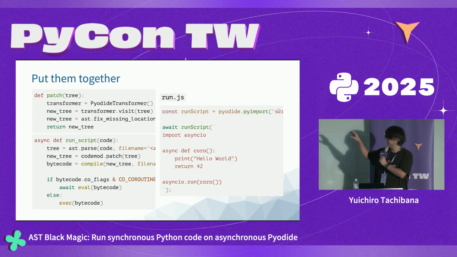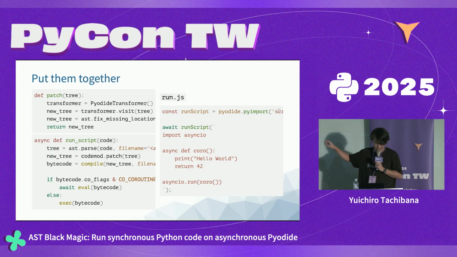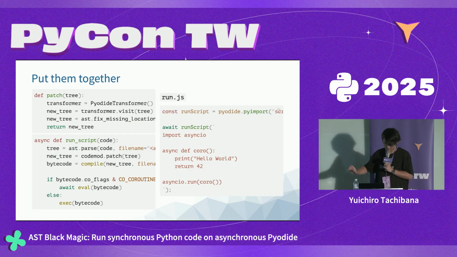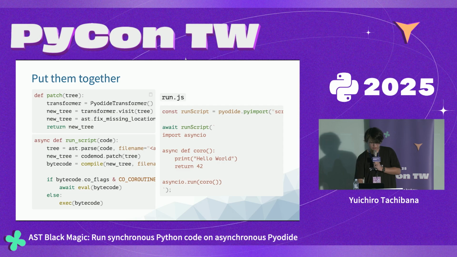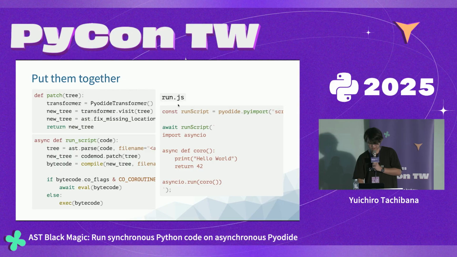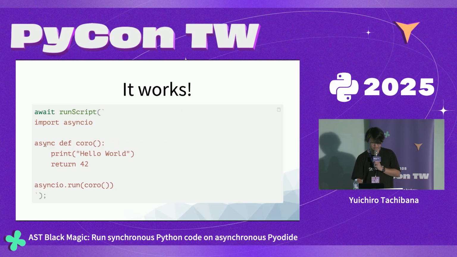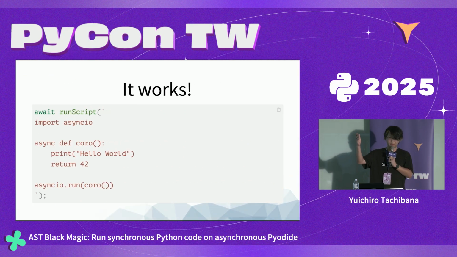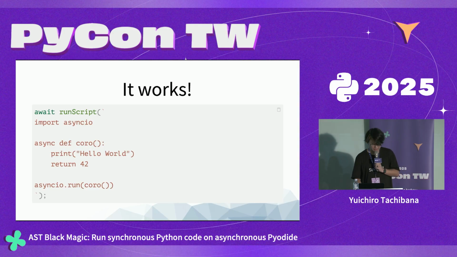You don't have to look closer into the details of this implementation. By defining your own custom node transformer class, and writing your own Python script run method, finally you can get the Python script to work inside the Pyodide runtime.